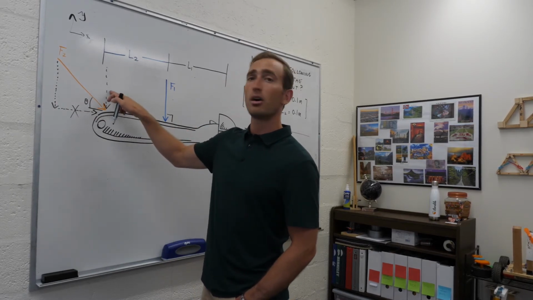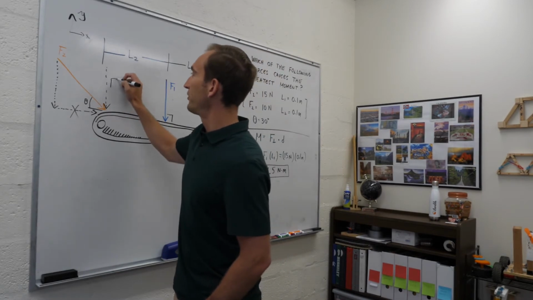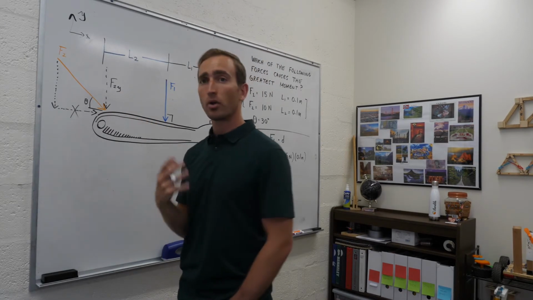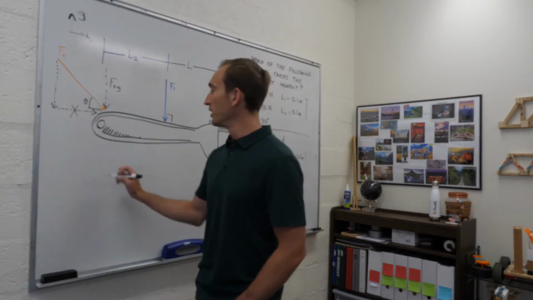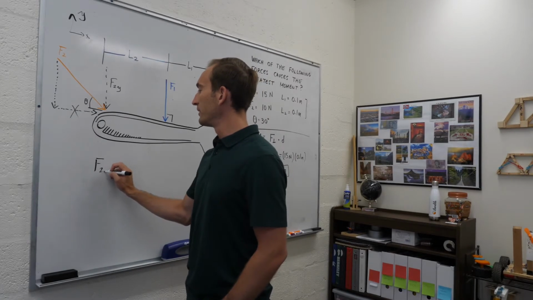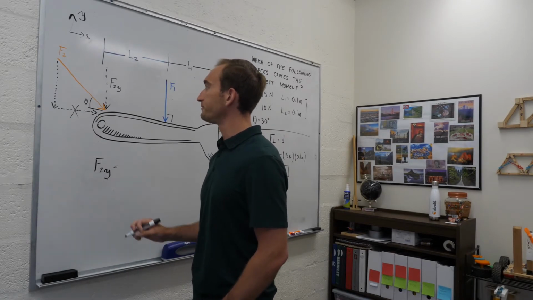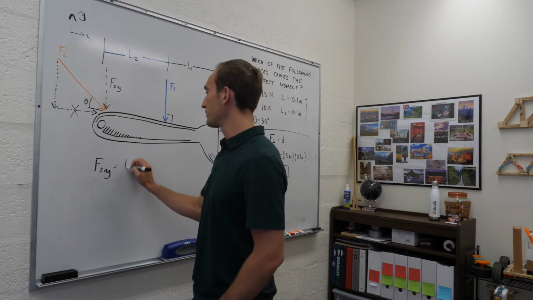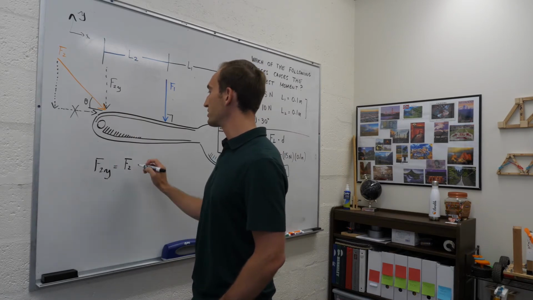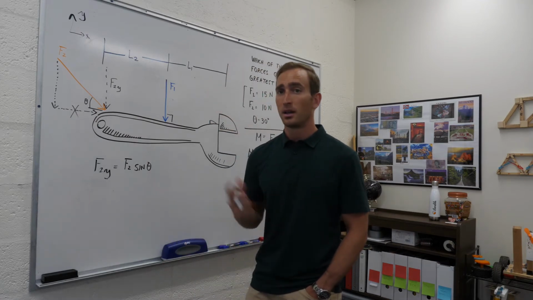So how do we solve for this component right here, F2y? Well, going back to what we did in the first unit, we can see that F2y is going to be equal to F2 times the sine of theta. Why is this the case?